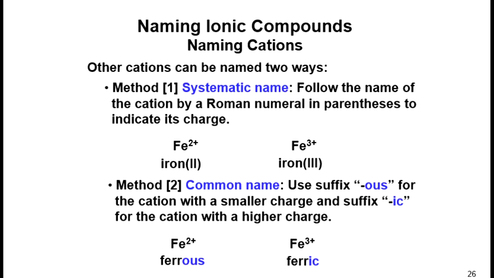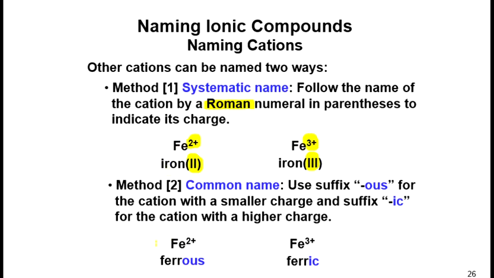All right, guys. In this slide, we discuss two different methods. One method is the systematic method or advanced method that I already talked about. We use Roman numbers to explain the charge of transition metals.